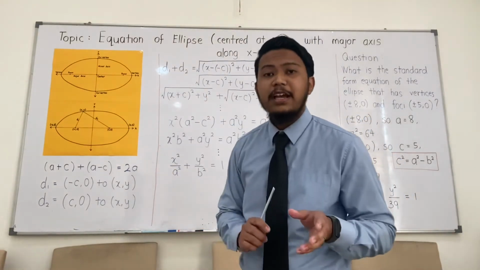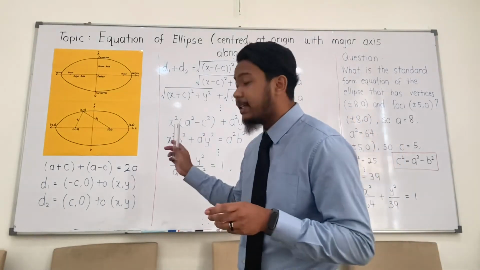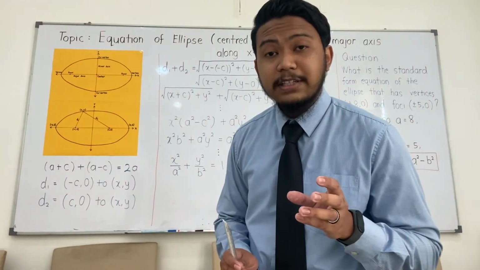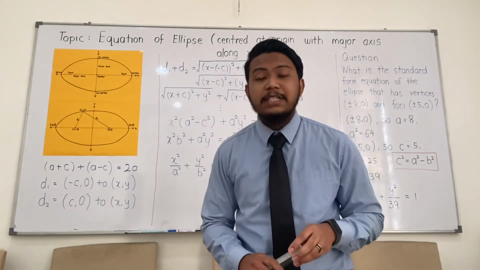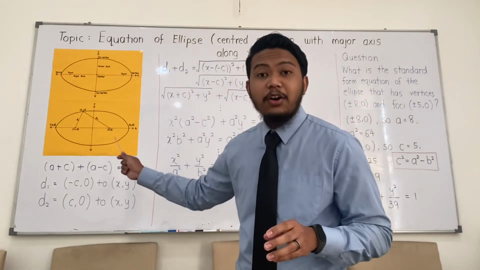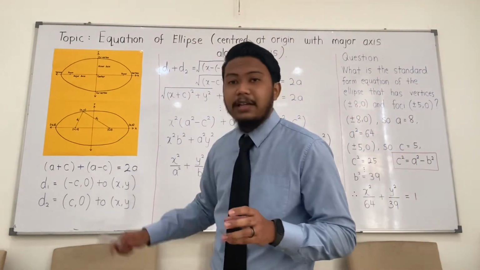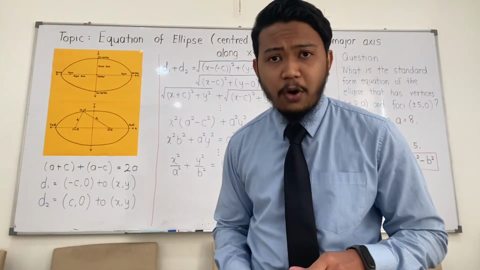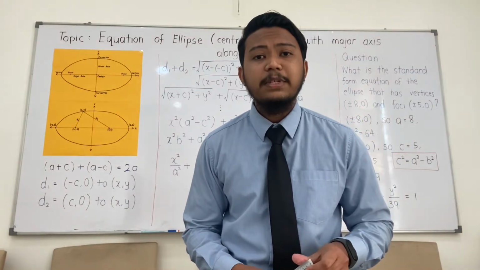Then we know that the length for the minor axis is 2b, and the coordinates for co-vertices is 0, plus minus b. And lastly, the coordinates for foci are plus minus c, 0, with the equation for ellipse c squared equal to a squared minus b squared.